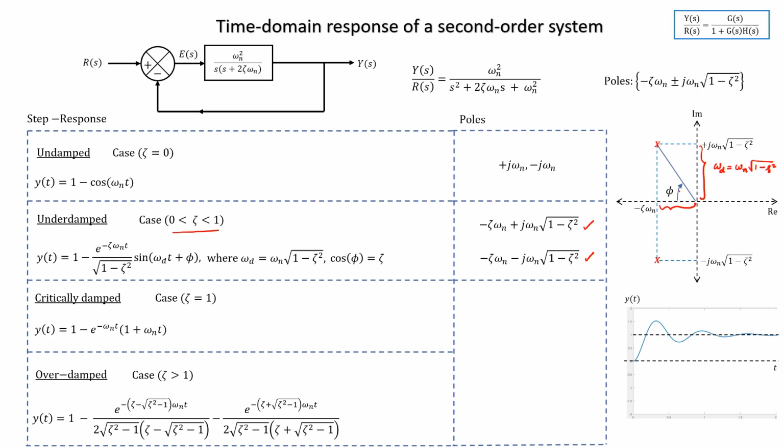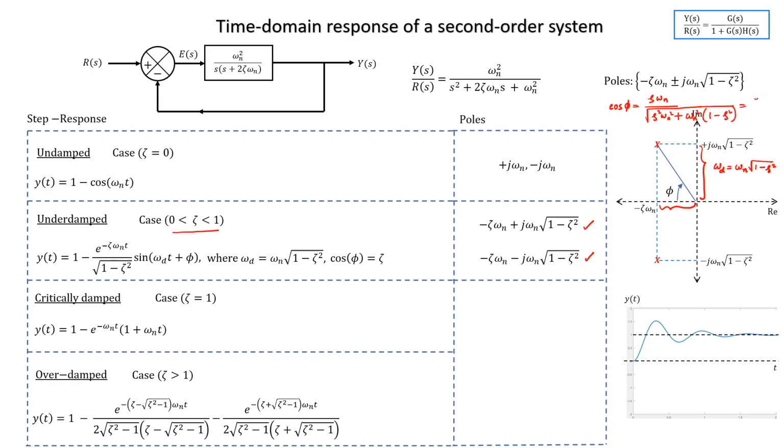One more important thing to note here is that if you draw a line from the origin to these poles, this angle will come out to be your phi, because notice that if I find cos phi in this case, cos phi will be equal to zeta omega n divided by the magnitude of this hypotenuse, which will come out to be root over zeta square omega n square plus the magnitude of this part, which is omega d square, which is nothing but omega n square times 1 minus zeta square.